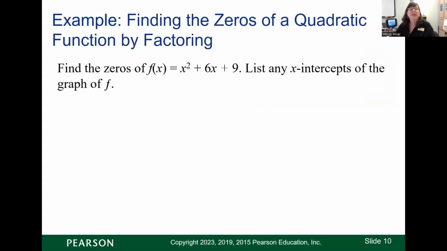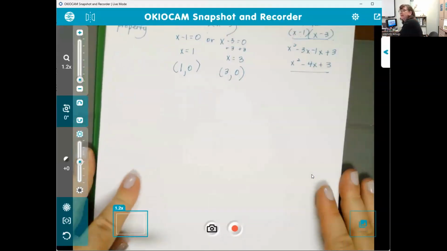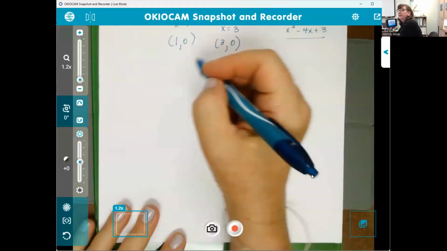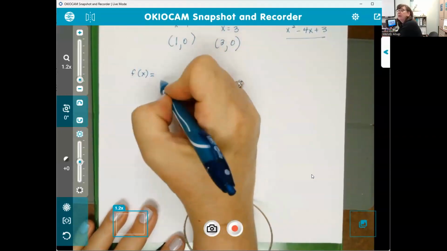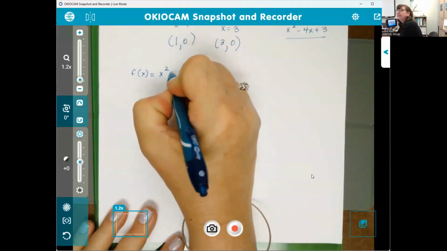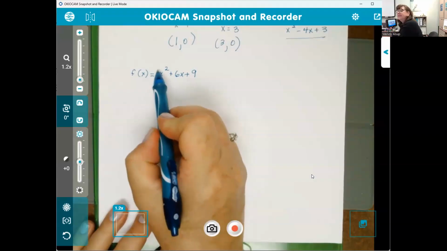All right, so let's think about f of x equals x squared plus 6x plus 9. Let me go back to my other thing because it's just so much easier to write on. All right, so we've got f of x equals x squared plus 6x plus 9. No coefficient in front of the x squared, so it's just a 1.